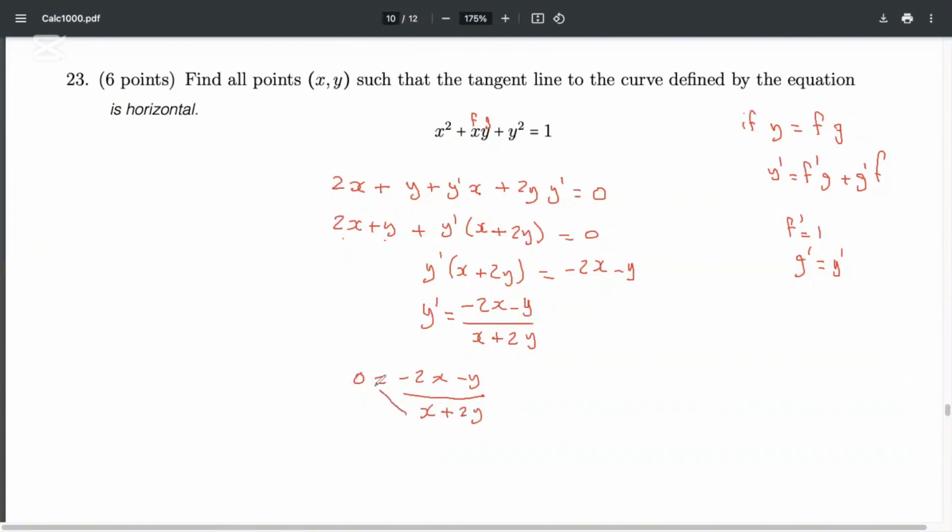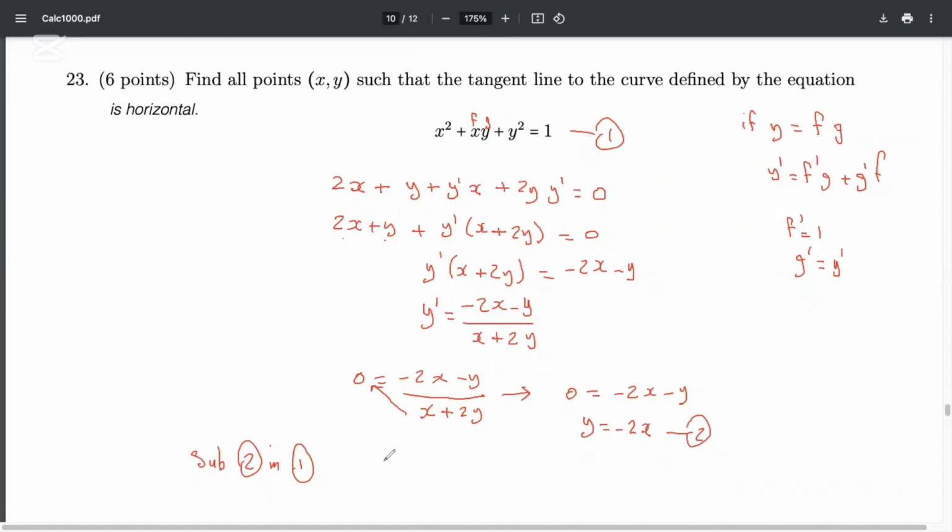So we know the slope or the derivative has to be 0 for a horizontal tangent. So we're just going to go 0 equals negative 2x minus y all over x plus 2y. Now I'm just going to cross multiply the bottom and there, and that's going to give me 0 equals negative 2x minus y. I'm going to move the negative y to the other side, so I have y equals negative 2x. And now what I'm going to do, I'm going to take the negative 2x and sub it into the y's right here. So therefore, if we call this 2, and this 1, I'm just going to sub 2 in 1.